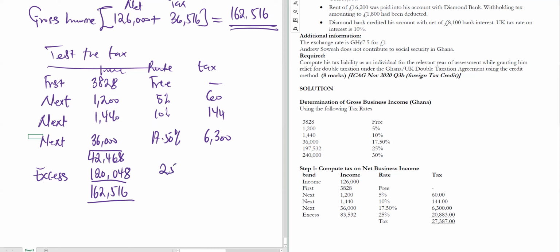Now this one will be taxed at 25%. What do you get? 30,012. Now add everything up and see what your tax liability will be. 36,516. Correct.